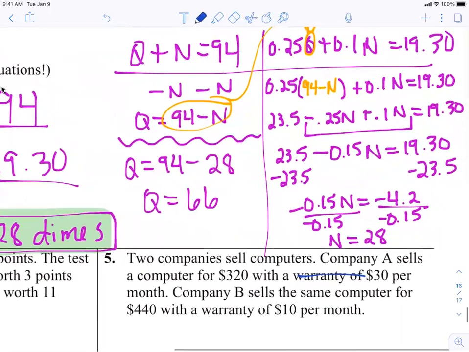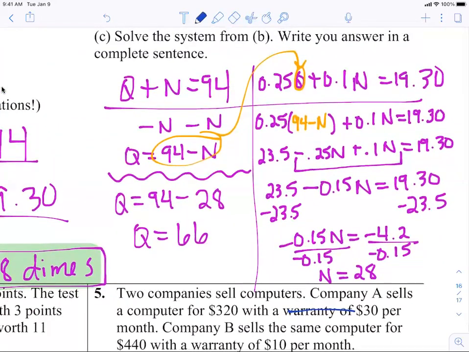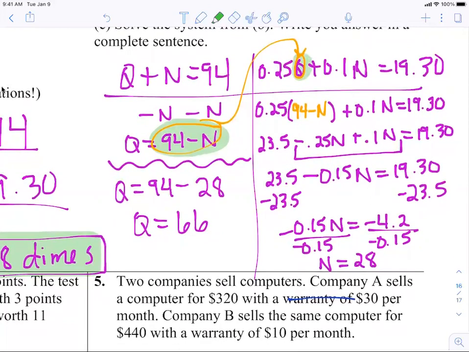But either way, if you're going to solve by substitution, your first step was to solve for either Q or N. In this case, it didn't matter which one you chose. I chose to solve for Q, so I subtracted N from both sides. And then it was just a matter of plugging Q into the other equation and solving.